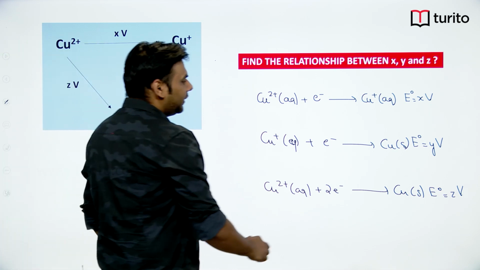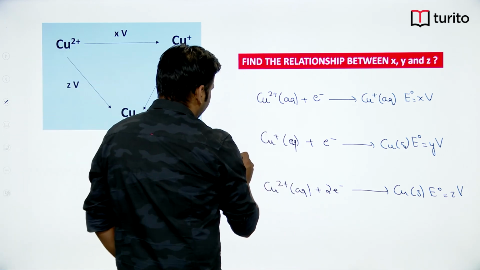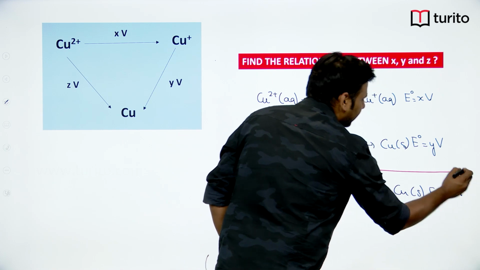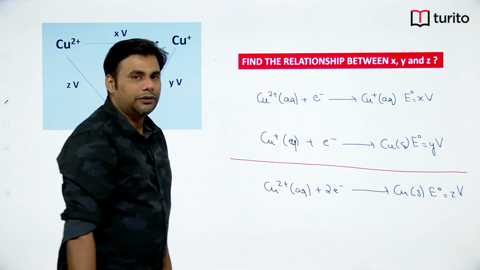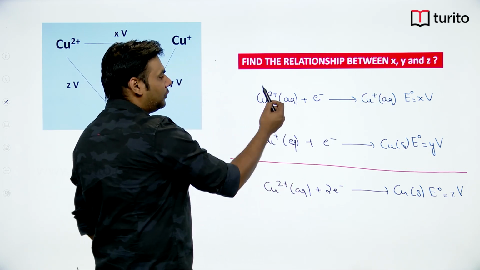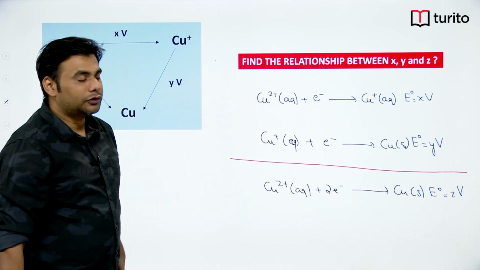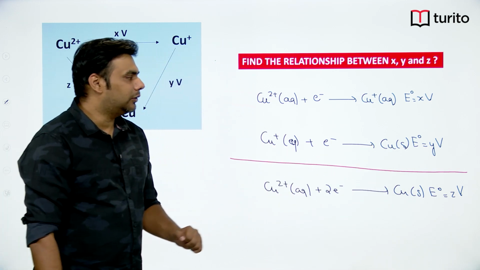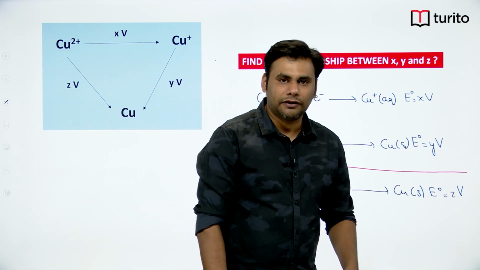One thing you can see is that if we directly add the first and the second equation, we will get the third equation. Copper plus will get cancelled out, and copper 2 plus with 2 electrons will change into copper solid. So can we write that Z equals X plus Y, because we have added two reactions, so we should add their EMF as well?